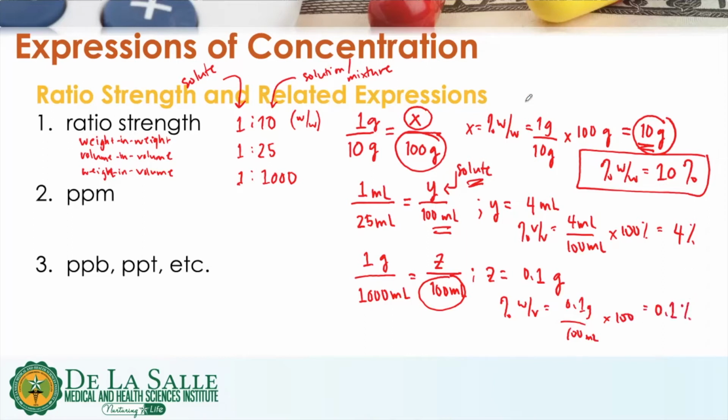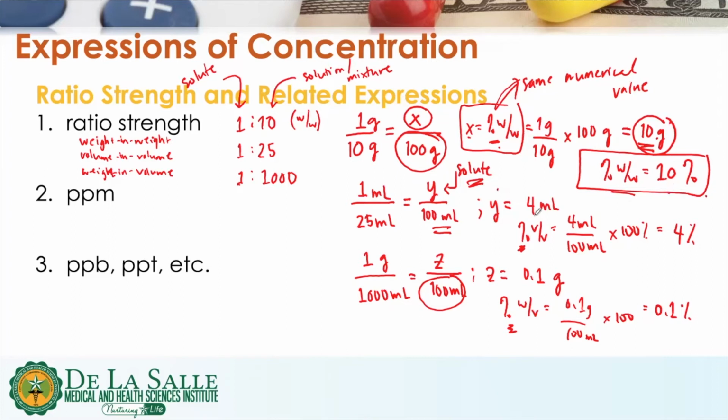Now notice, just like before, the x value that you will get in the ratio and proportion will give you the same numerical value as any type of percentage. So over here, the x is equal to 10 or 10 grams, and the percent weight in weight is 10%.